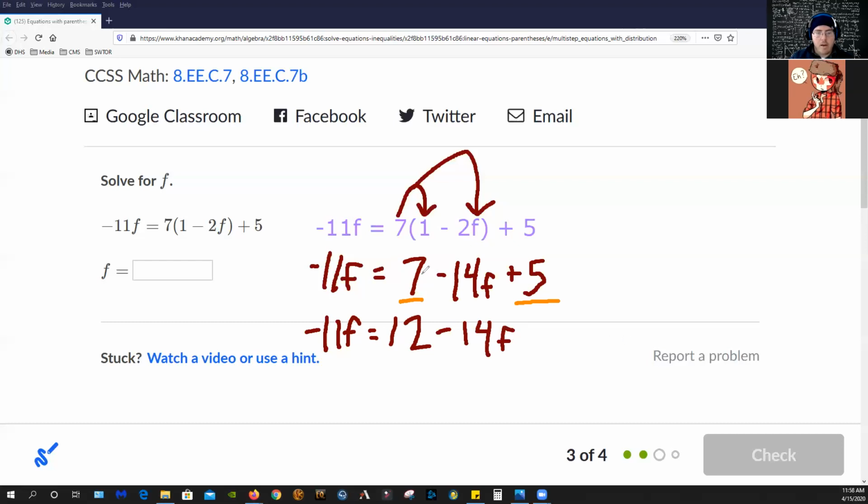Okay, so we've combined our like terms. Now we need to start moving these things around with our abstract rules. What if we just added 14F onto both sides, because I like having positive things. Negative 11F plus 14F, I think, is going to be 3F.